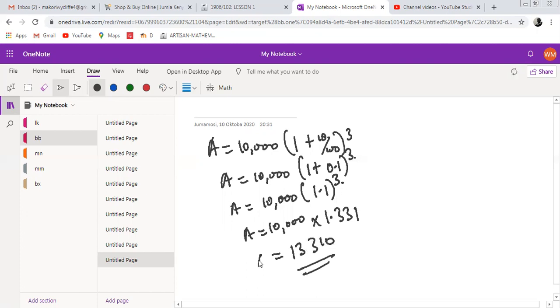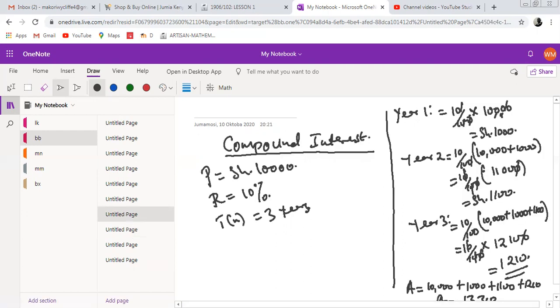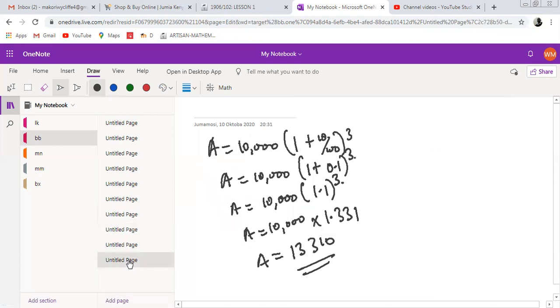That is the amount after 3 years, given the principal of 10,000 and the rate of 10%. You would realize this amount is the same as what we calculated here, 13,310. So compound interest is just straightforward if we use the compound interest formula, and you don't have to go through a long process.